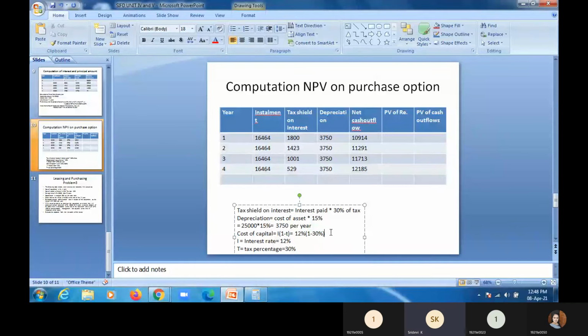So when you derive this, you will get 12% minus 12% into 30%.